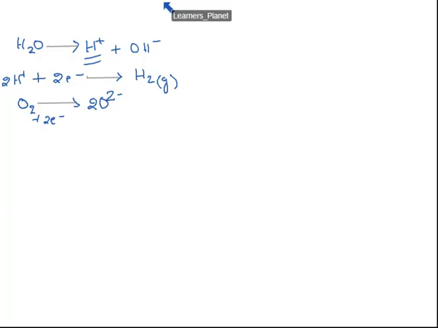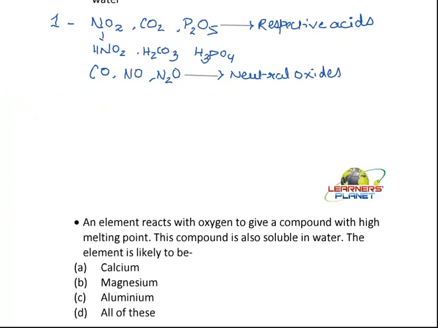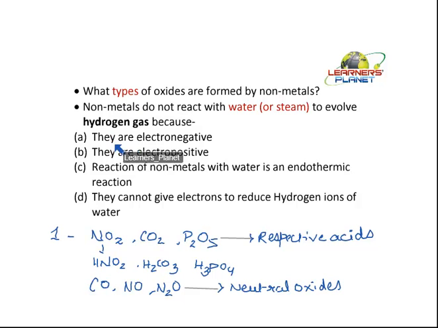Now let's check the options. They are electronegative. Is this option correct? Correct. They are electropositive. This option is wrong. Another option: the reaction of non-metals with water is an endothermic reaction. Is it correct?